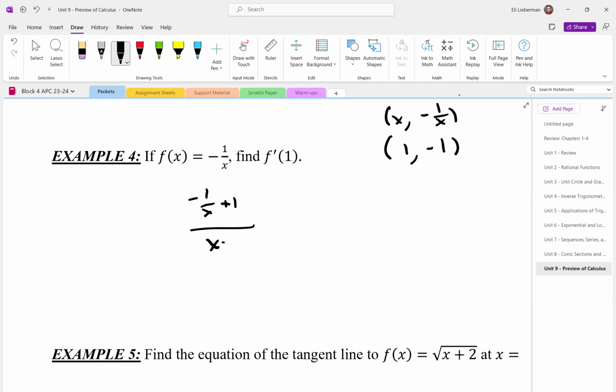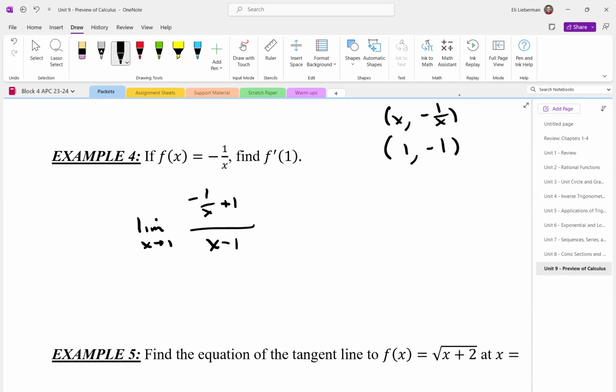Okay. Now, this is, of course, the slope of what kind of line? It's not tangent, it's the slope of a secant line. This is two points. We want to make it the slope of a tangent line by doing what, Rihanna? Taking the limit as x approaches 1.